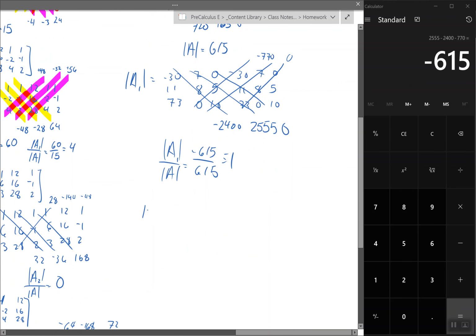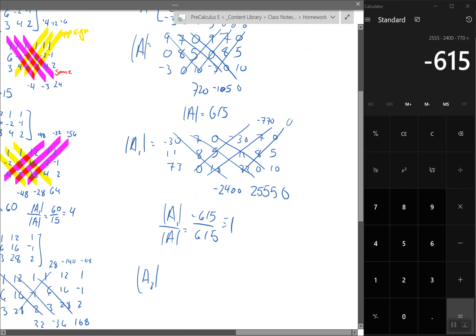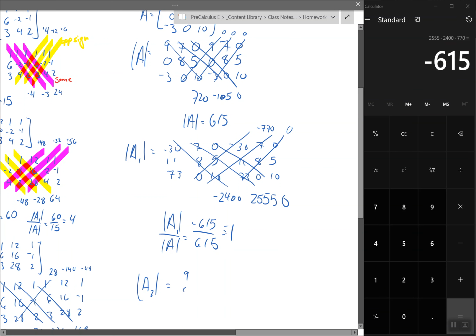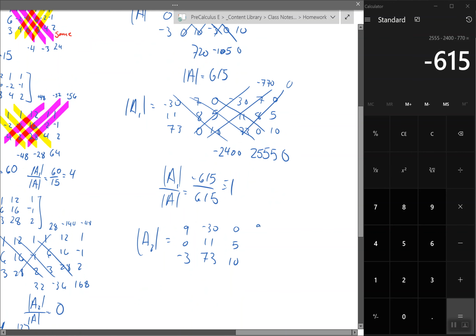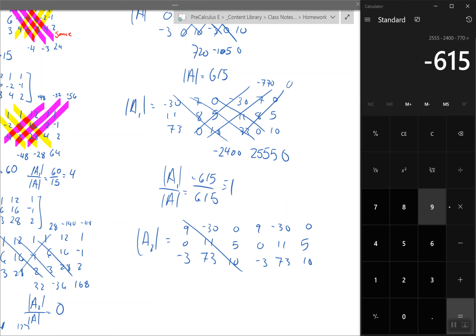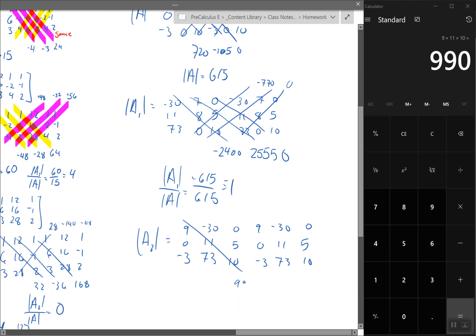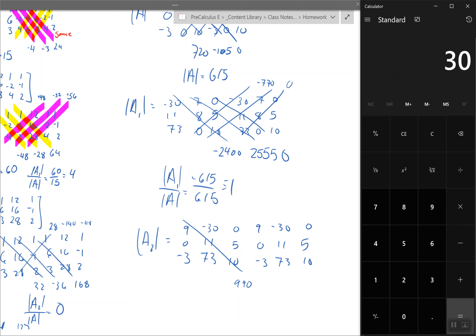And for A2, again, we're going to save some time. We're just going to write the determinant portion. So negative 30, 11, 73 is now the second column, and then we have 0, 5, 10. So 9, negative 30, 0, 0, 11, 5, negative 3, 73, 10. So 9 times 11 times 10 is 990, positive. 30 times 5 times 3 is also going to be a positive, so 450.